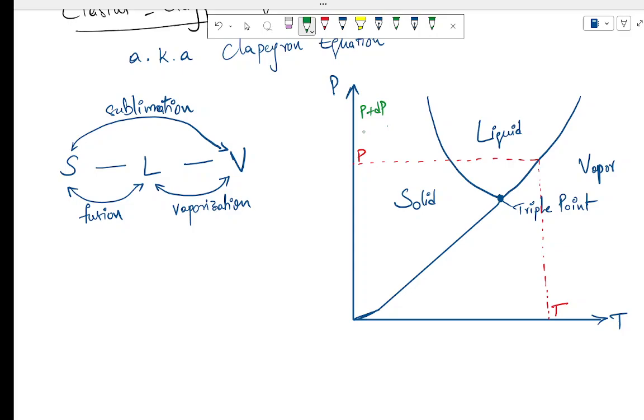I'm considering only an infinitesimally small change here. Although it is infinitesimally small, I'm showing it in a zoomed form here for the sake of clarity.